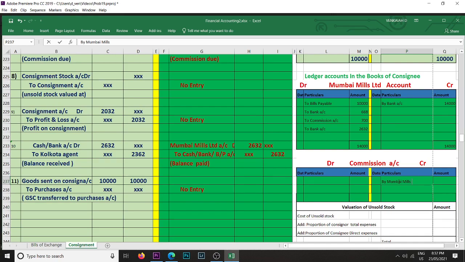So commission account debit. Amount is 700. Commission transferred to P&L account.